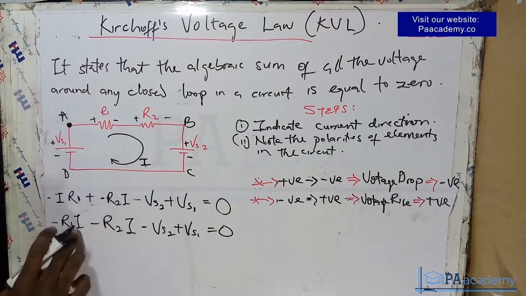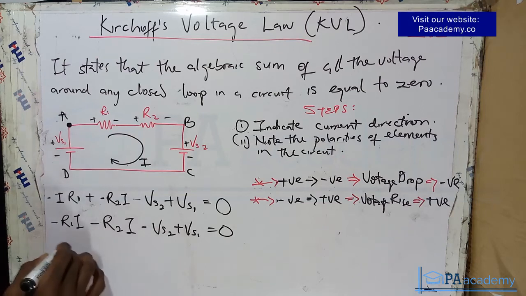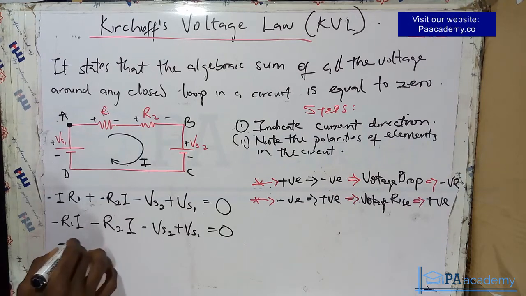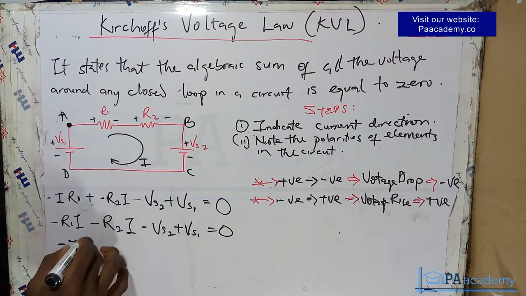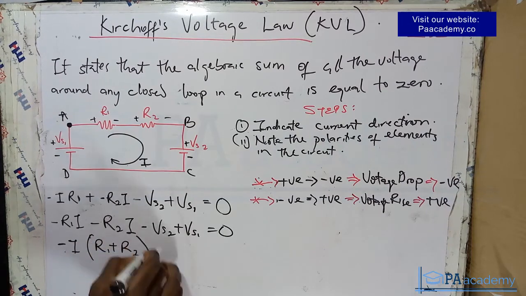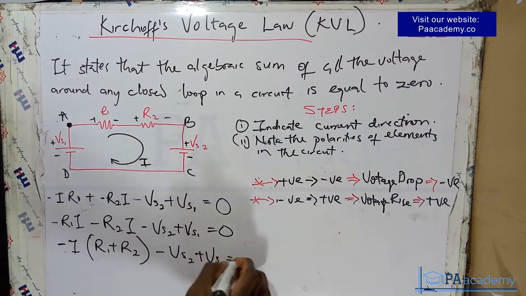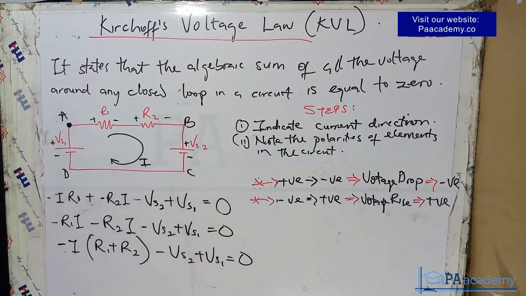Now since I is common here, we can bring that out as having minus I, that is the current, into brackets R1 plus R2, minus Vs2 plus Vs1 is equals to 0.